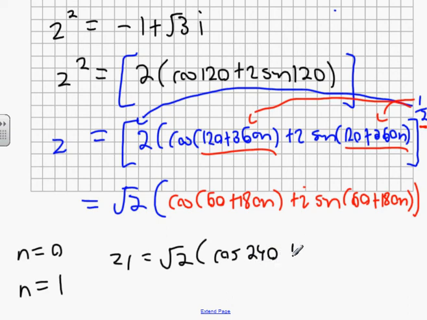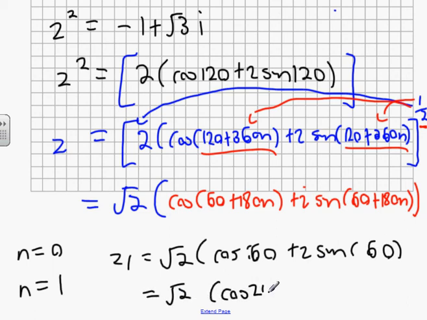Cos 240. Will somebody do that on the calculator for me while I'm waiting? Oh, sorry, my bad. I did the first one. It's cos 60 sine 60 because n equals 0. I was doing the second one, wasn't I? Which is root 2 cos 240 plus i sine 240.